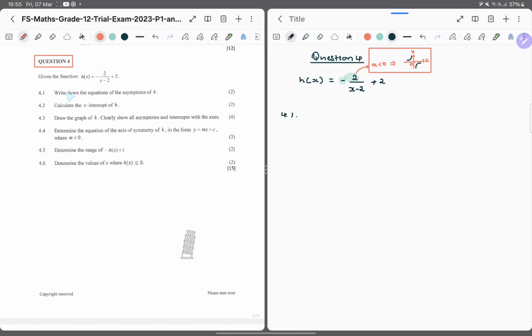4.1, we need to write down the equation of the asymptotes of h. Of course, the x one is going to be x is equal to 2. The trick here is to take that denominator, equate to 0, and solve for x. And the second one is going to be y is equal to 2.